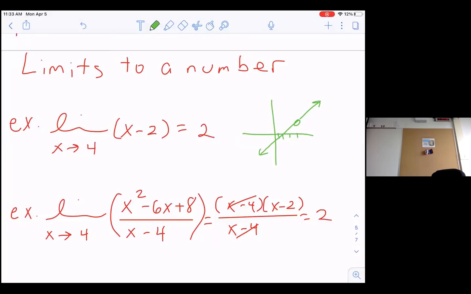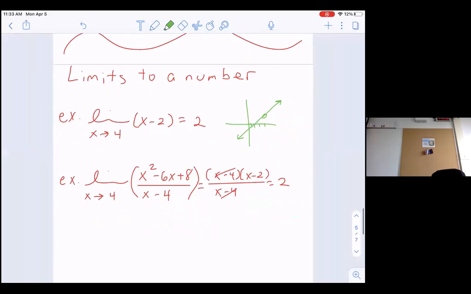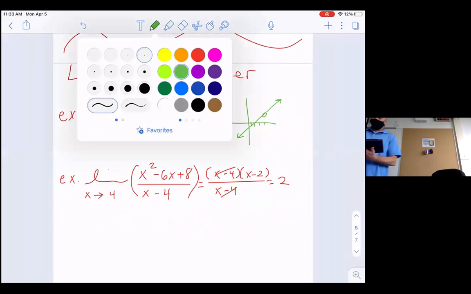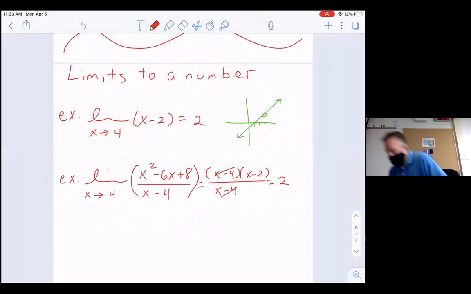But the limit stays the same, because remember, graphically for the limit, as long as we're coming from the left and from the right towards the same point, then the limit is going to be at that point. And so that's why it's still going to 2 coming from the left, and going to 2 coming from the right. All right, so that was just a little graphical explanation of it, but let me do some more algebraic ones here.